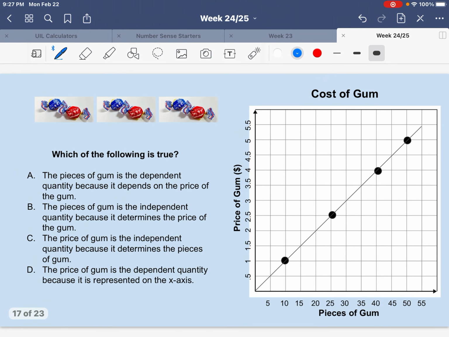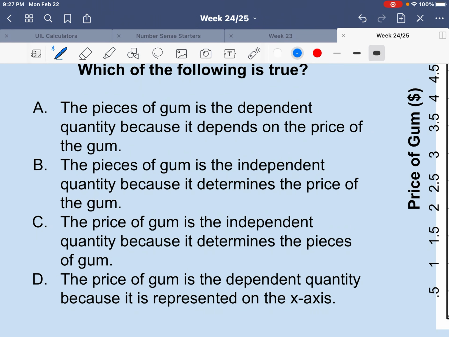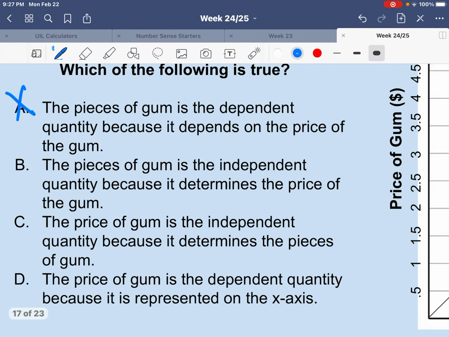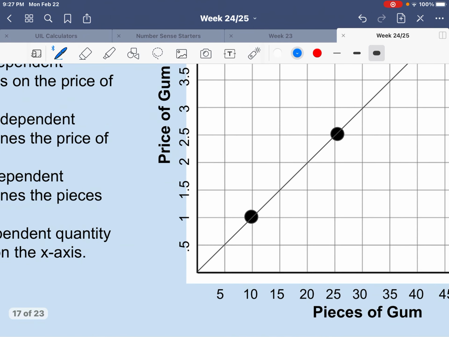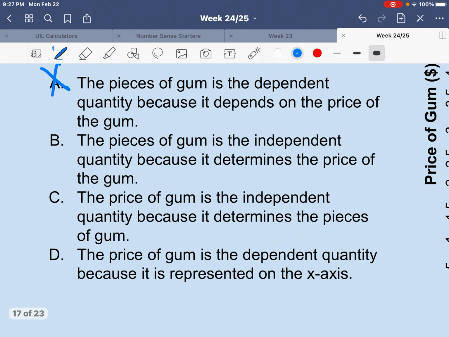So which of the following is true about this table? A, the pieces of gum is the dependent quantity because it depends on the price of the gum. No, the pieces of gum is down here on the bottom. It's the independent quantity. B, the pieces of gum is the independent quantity because it determines the price of the gum.